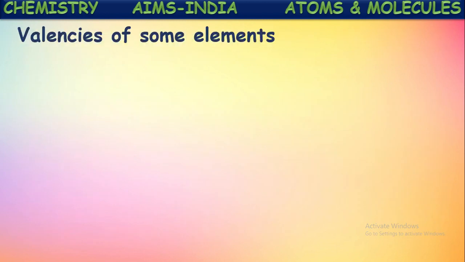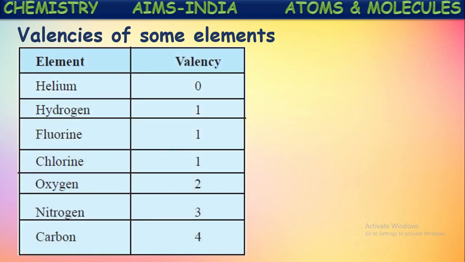Let us see here the valencies of some elements. Actually these valencies are dependent on the number of electrons present in their last shells, which are also called valence shells. So based upon the number of electrons present in the valence shell, the valency of that element will be dependent.